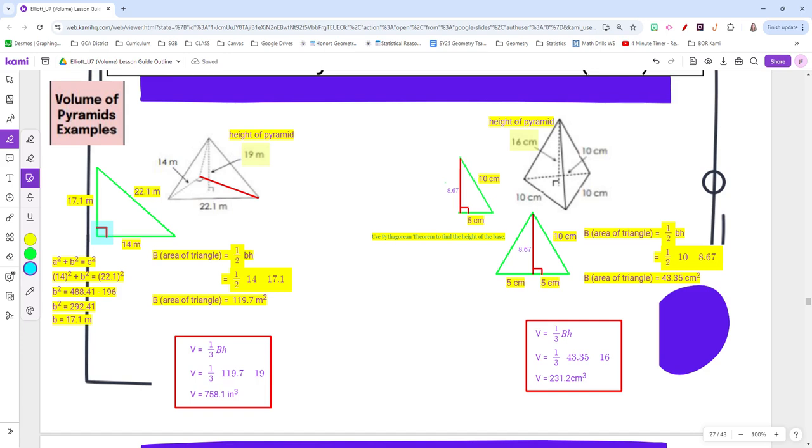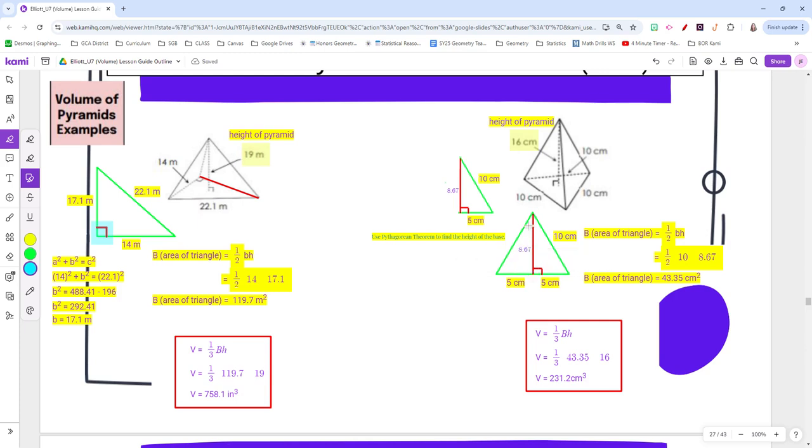Next up, we have another triangular pyramid, but this time we are going to have to do a little bit more work to figure out the height. The triangular base that we get is an equilateral triangle. What I did here on this first screen is I drew out the triangle and then I dropped a perpendicular.